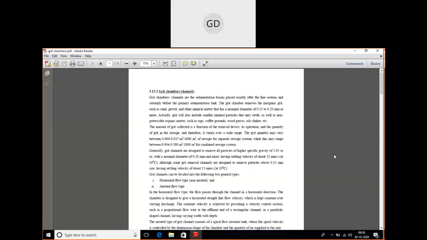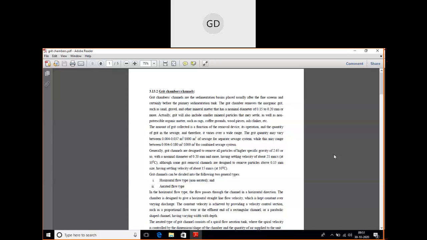Okay, so next is about grit removal basins, or you can say grit chambers or channels. The grit chambers or grit channels are usually called sedimentation basins. They are placed usually after the fine screens.